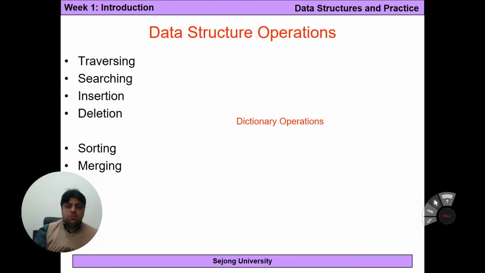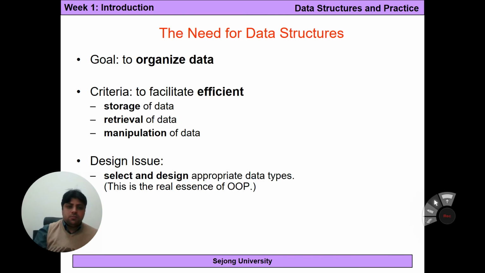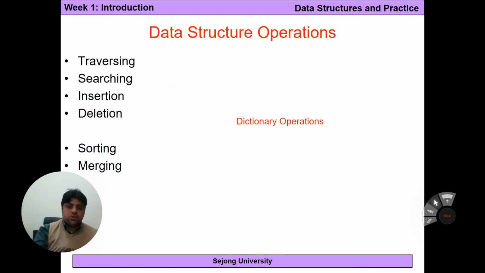So here we reached data structure operations. What are the data structure operations that we can perform? Three of them we have discussed here: manipulation of data, retrieval of data, and storage of data. The operations are traversing, which is visiting the data, searching in the data, insertion in the data, and deletion in the data.